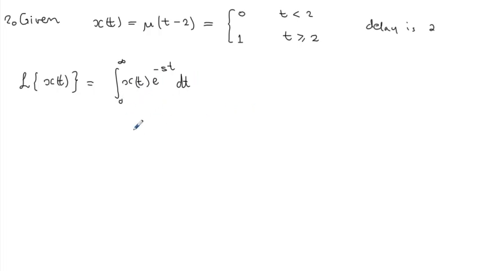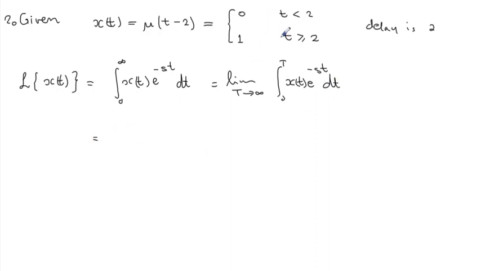Now check what's going to happen here. This integral starts from 0 to infinity. So if we take it according to the limit, it is the limit as t approaches infinity of the integral from 0 to t of x of t e to the power minus st dt.